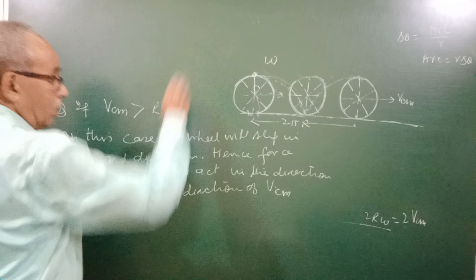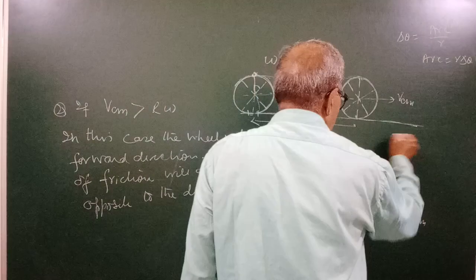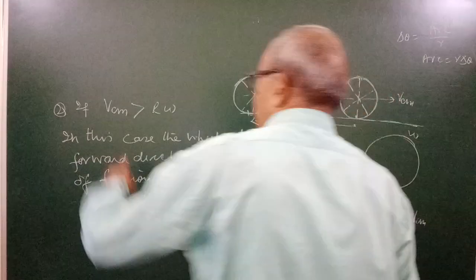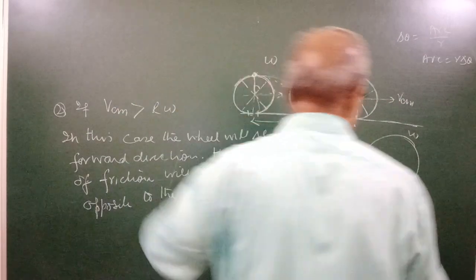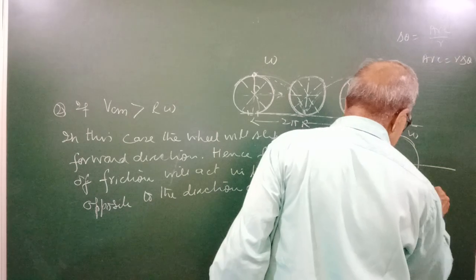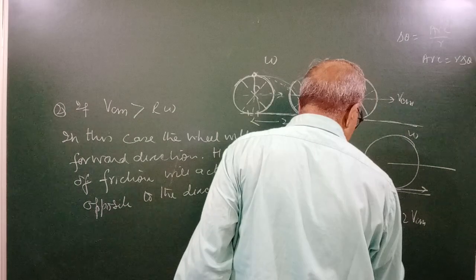So I am explaining here that V omega is greater than VCM, greater than R omega. So the wheel will be slipping forward and force will act backward.